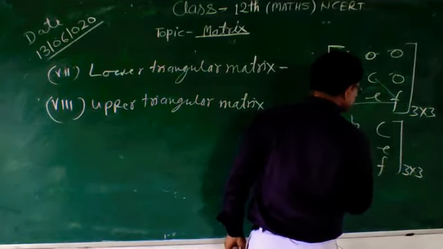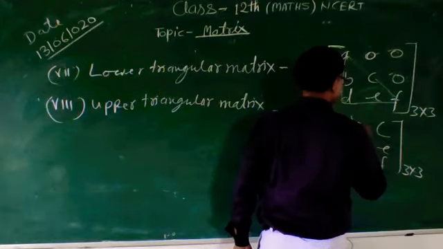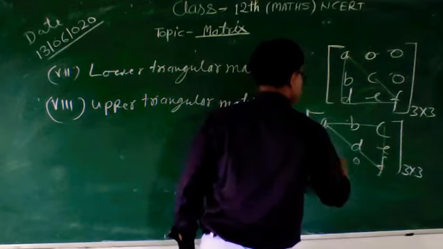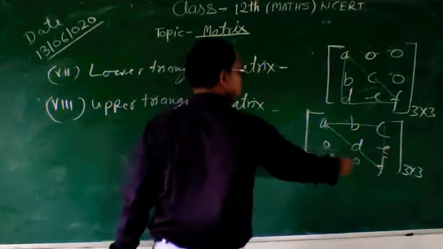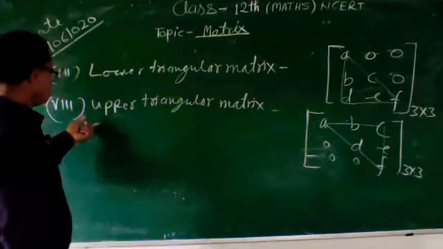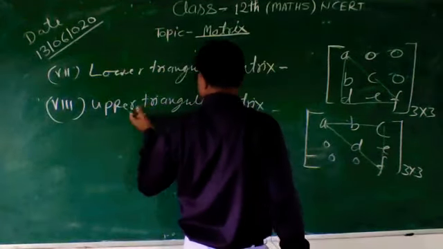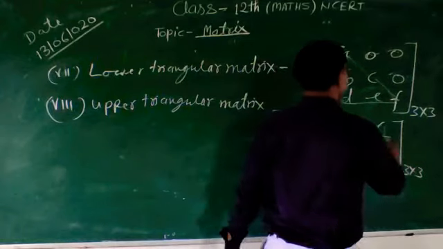Then it makes the shape of an upper triangle. This is known as an upper triangular matrix.